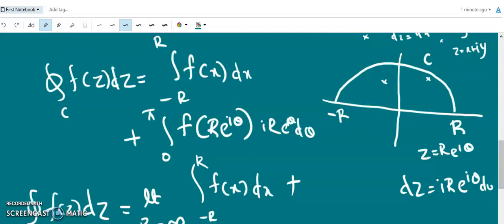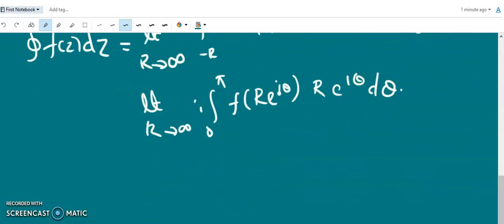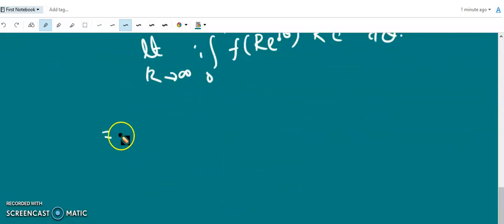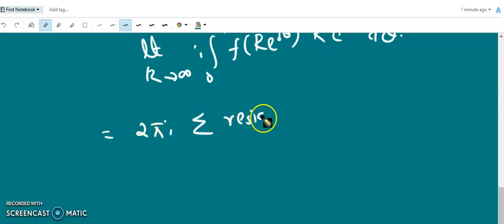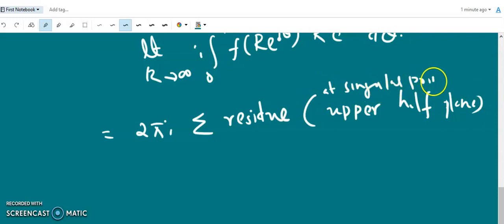If the number of poles is finite, we know from the residue theorem that the closed integral of f of z dz is equal to 2 pi i into the sum of all residues. So in this case, we have to take residues at all singular points in the upper half plane. Find the residues and sum over the residues at singular points in the upper half plane.